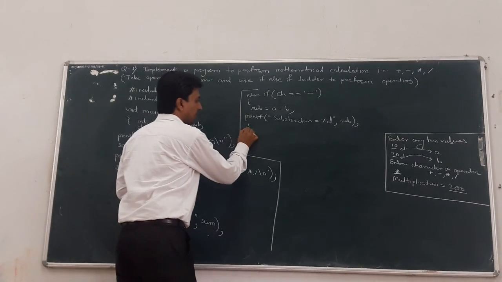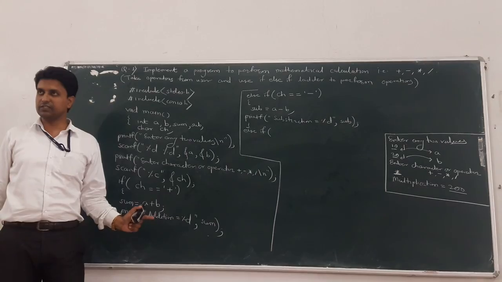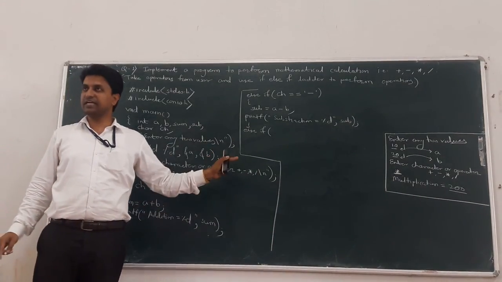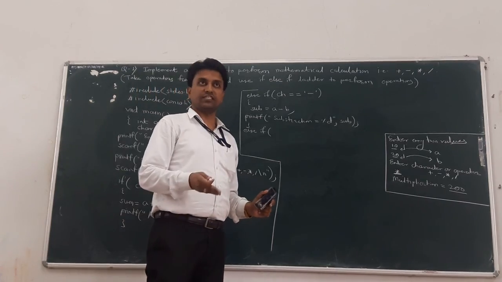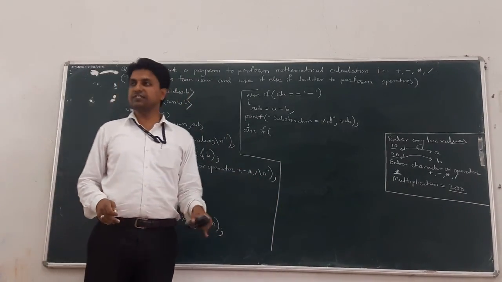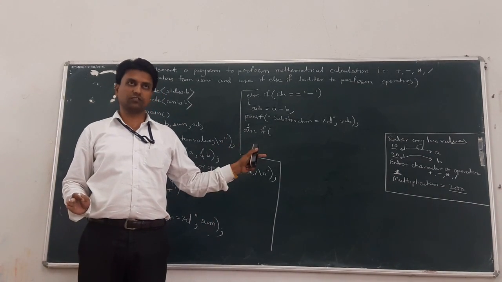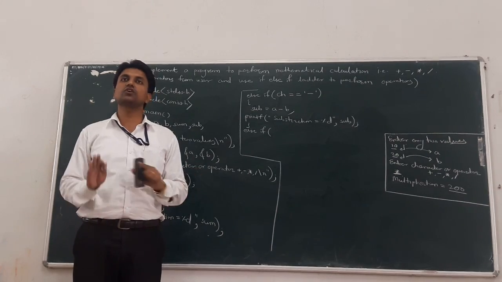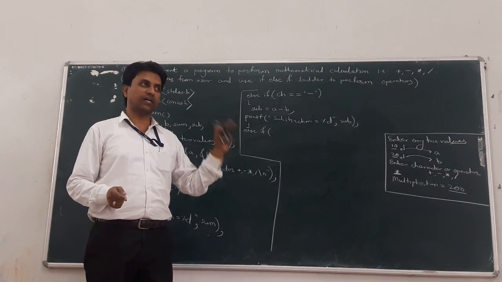After that, next else if, because there are 4 different operators, so 4 different steps, and the last step is else. If the user enters a wrong choice, instead of plus, minus, multiplication and division, suppose the user enters any other character, then it is a wrong choice. So display the message wrong choice at the end, that is the last step, which is the else part.